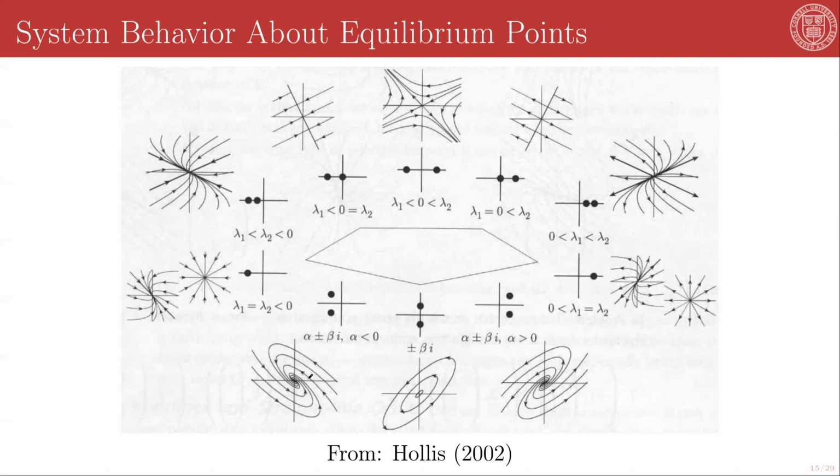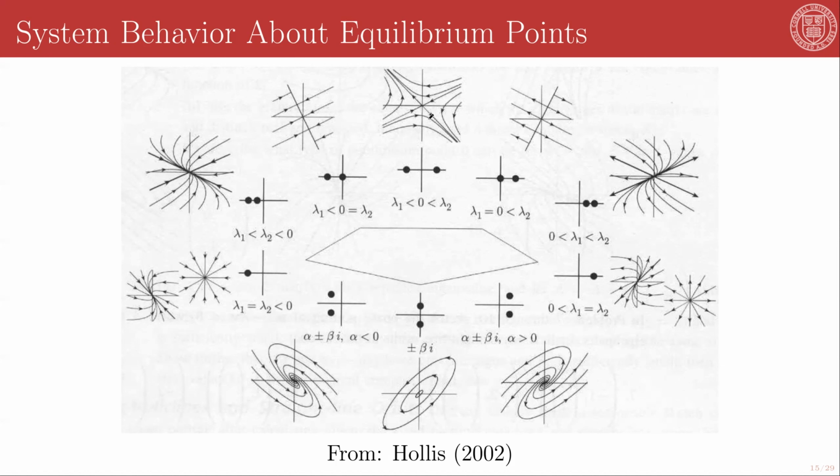For all other combinations, the system will be either completely unstable and you will have sources, as shown here and here and here, or it would be marginally stable, or you can't really make any statements about it, such as when you have one eigenvalue lying exactly on 0 or with a real part at exactly 0. And so you will have systems like this and this, or you can have complex conjugates, in which case you have orbits about the equilibrium point. So things will just remain in enclosed orbits about that point in the linear system rather than flowing into it or out of it.